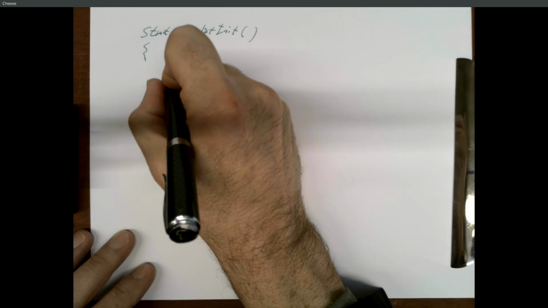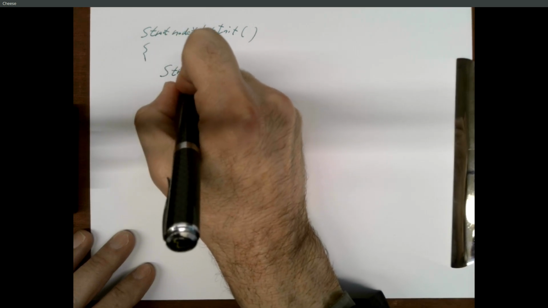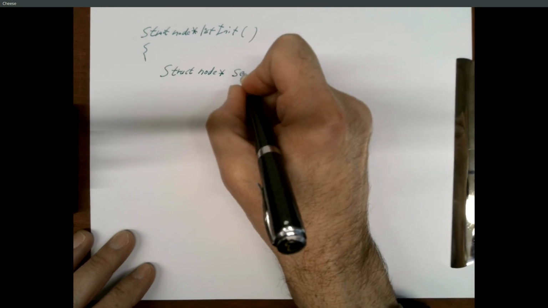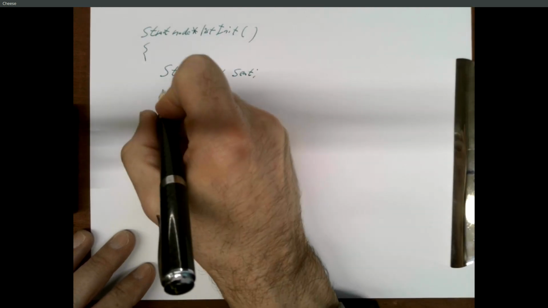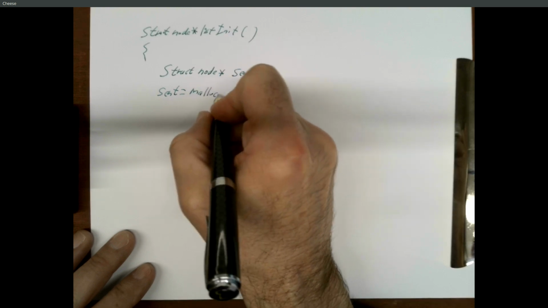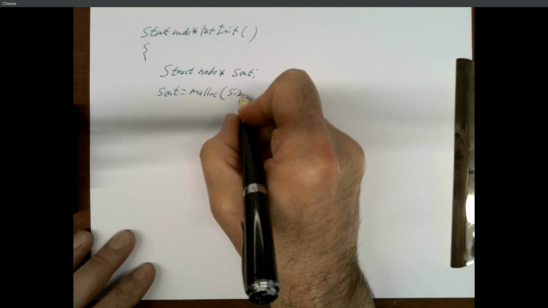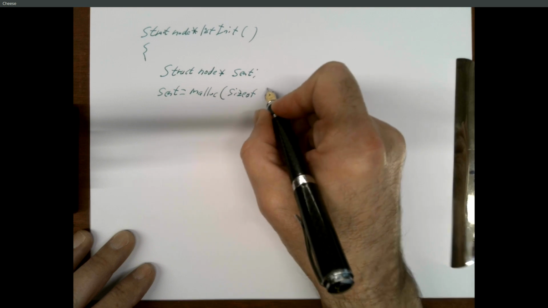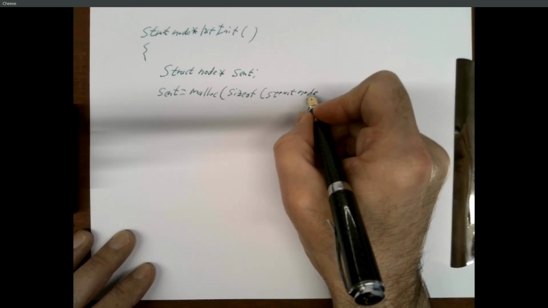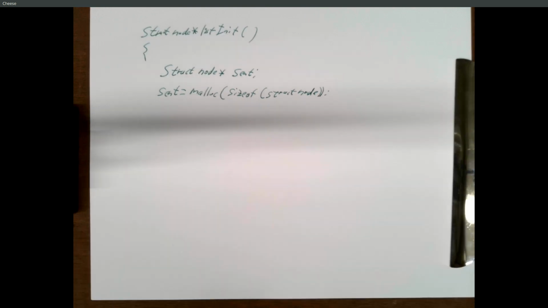So same as you've been doing, struct node star Sentinel. Well, we have to allocate space. So how much space do we need? Size of struct node. Right, and our struct node is more complex than it was.